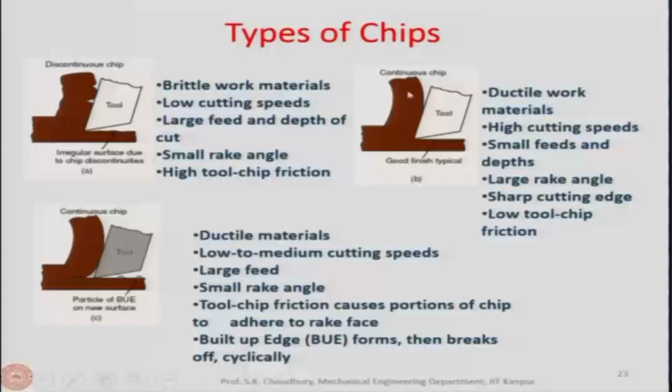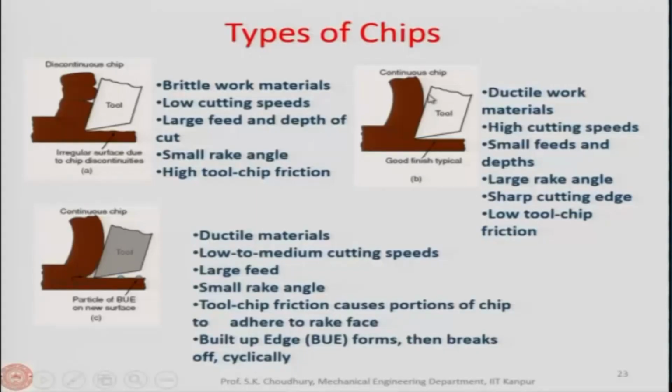It can entangle with the workpiece and the tool, rub the workpiece and the tool, spoil the tool angle, and spoil the already machined surface and precision. Therefore, when a ductile material is used as the workpiece material, we need to have a chip breaker.